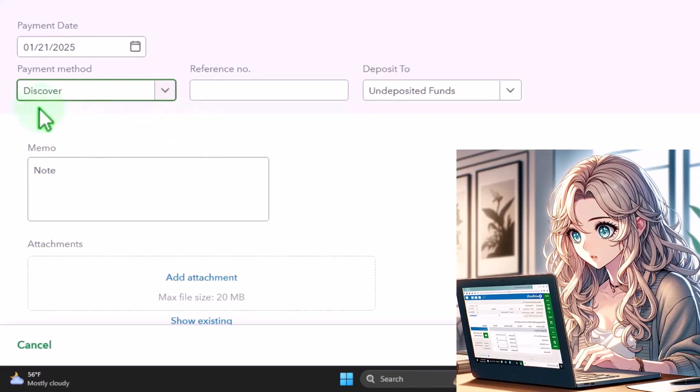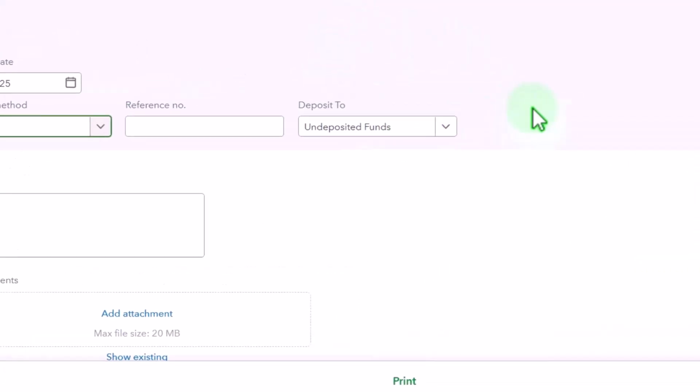I want to mark them all off as the credit card payments, so that when the credit card company then deposits it into my checking account, I'll be able to group all the ones with the credit card and tie out the grouping of those sales to the amount that got deposited into the checking account, allowing me to move it from undeposited funds into the bank account and tie everything out to have internal control.